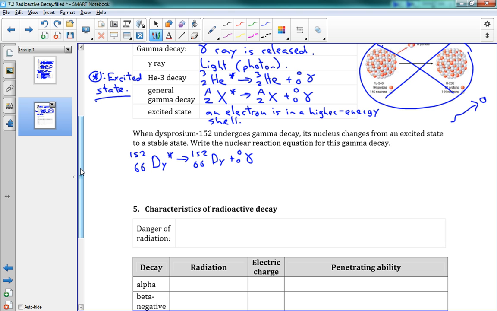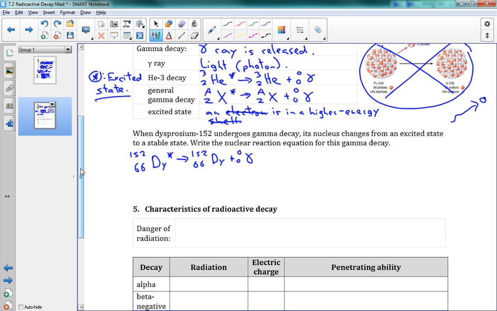Before we finish that bit, I wanted to say one thing. Actually, what I said about the excited state, I just realized it's not really true. That is one sort of excited state that can happen, electrons being at a higher energy level. But actually what we're talking about is in the nucleus. The electrons aren't in the nucleus.